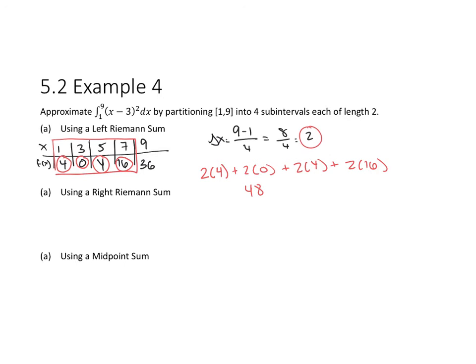All right, now we're going to do the same thing, but we're going to use the right-hand endpoints. I'm going to rewrite it just so we can have a little more clarity here. So same chart, I'm just going to be using the right-hand points instead of the left this time.